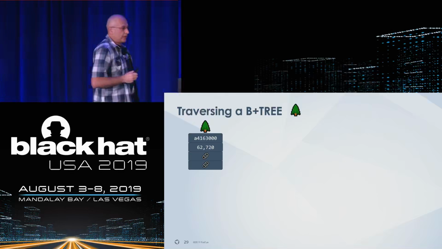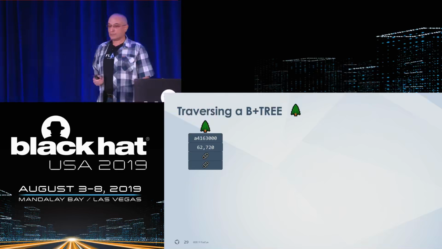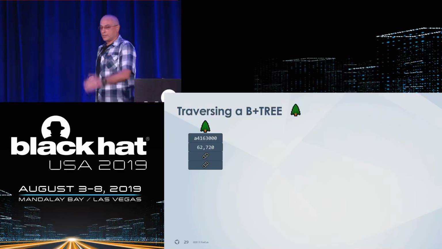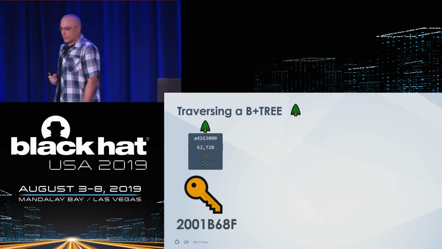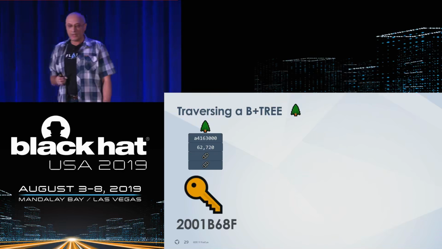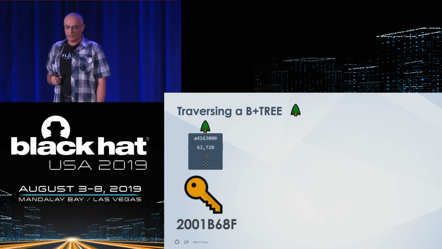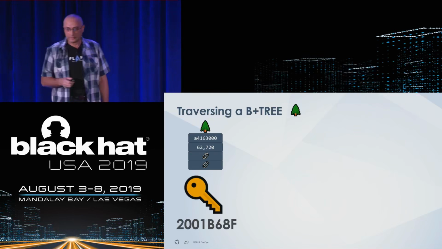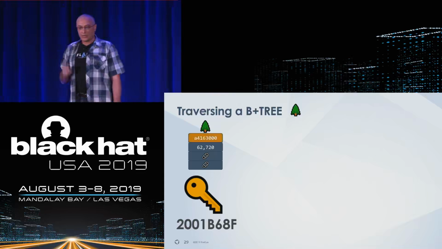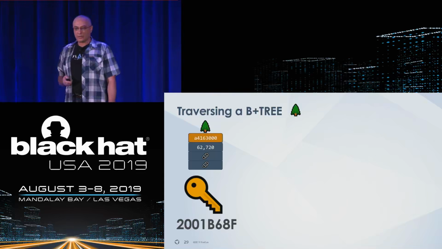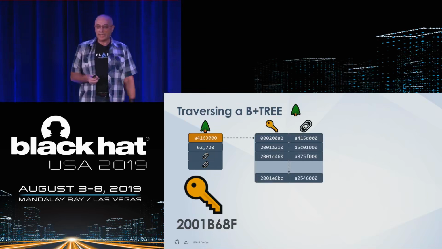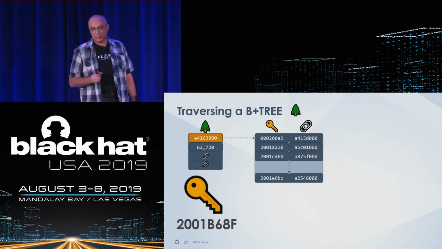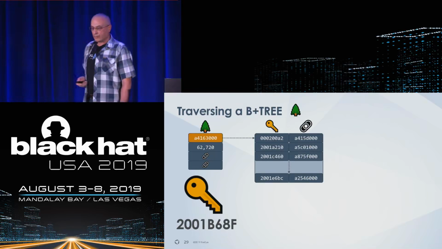Let's traverse a tree with an example key. So we have the base of the tree shown, and we calculated our page key to be 2001B68F. So our first goal here is to find the root node. We dereference the pointer to it, and now we see ranges of keys along with pointers to the next nodes.